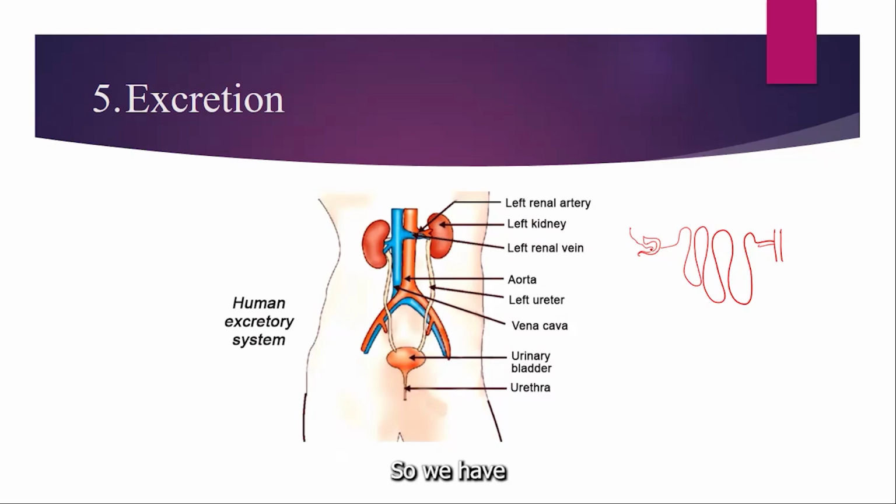We have a lot of blood capillaries here where the nitrogenous waste flows from the blood into the Bowman's capsule. Each of these capillaries is associated with the cup-shaped end called the Bowman's capsule, which terminates in a coil-shaped structure. It collects a filtrate and the process of filtration continues.